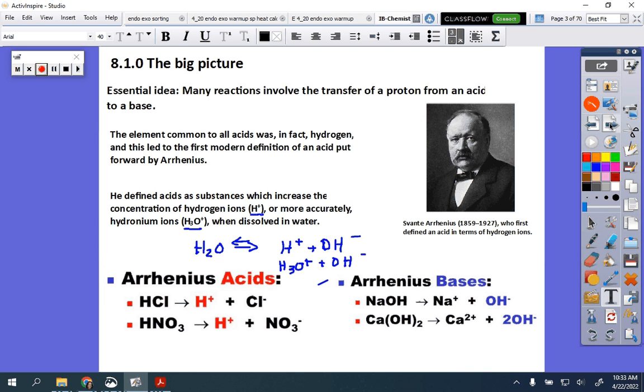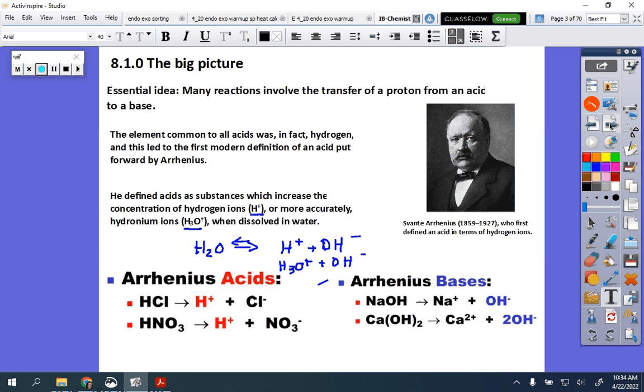So he was exclusively looking at things dissolved in water and saying that anything acidic is going to increase the proton concentration in the water. Anything that is basic is going to increase the hydroxide concentration in water.